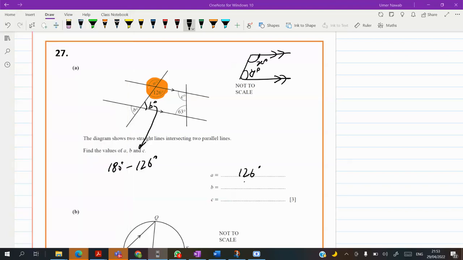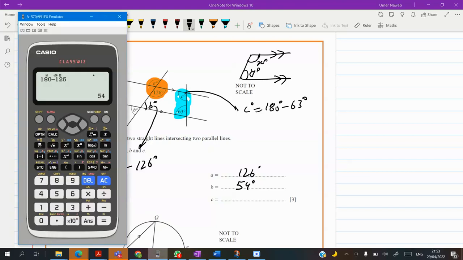It gives us 54. Now, once we find this one, again, we can use the supplementary property. So C is equal to 180 minus 63, 117.